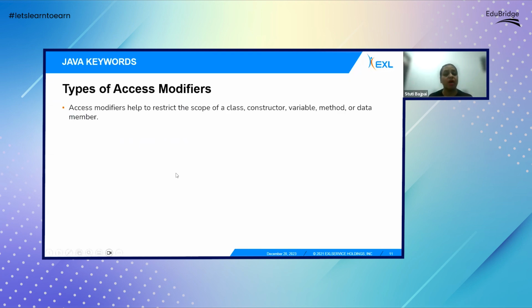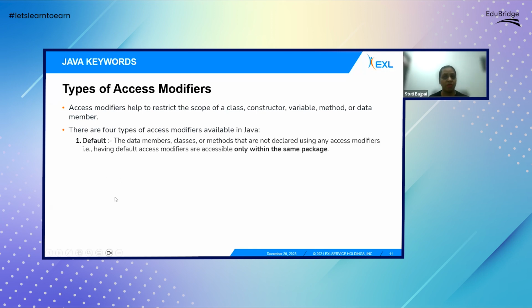Now the access modifiers. So access modifiers help you to restrict the scope of a class or a variable, method, or a constructor. Like you will specify what other members or external members have the access to this particular method or variable. So there are 4 types. First is default. Default is when I do not specify any access modifier.